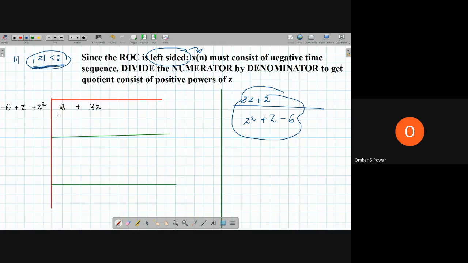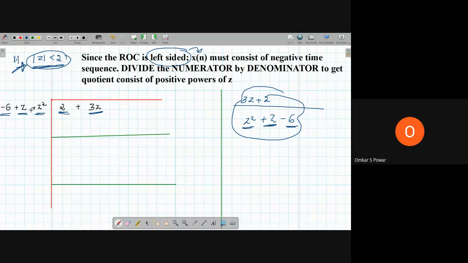Now in order to get mod z lesser than 2, you have to write it in a different way. Instead of 3z plus 2, write it as 2 plus 3z. Instead of z square plus z minus 6, write it in this form: minus 6 plus z plus z square. Because mod z is lesser than 2, we have to get the quotient in terms of negative time sequence.